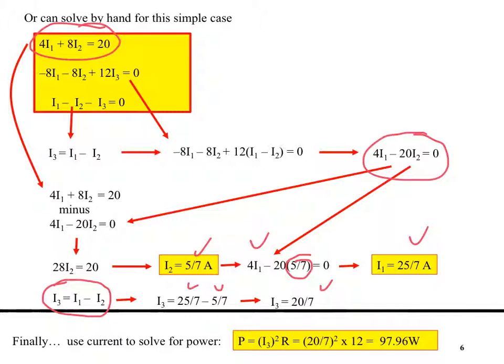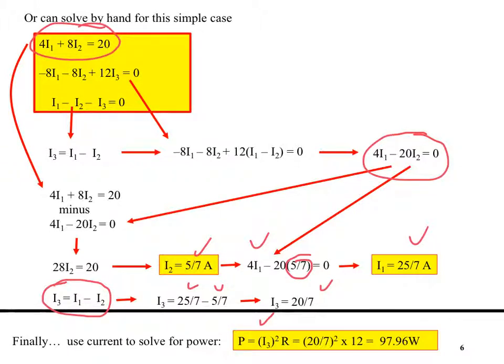And then finally, remember that this problem is actually asking us for the power dissipated by that 12 ohm resistor. The current that goes through that resistor is I3, so we use our formula for power, that's current squared times resistance.